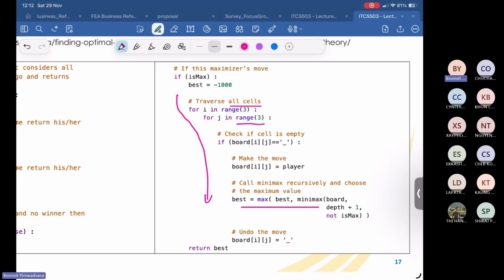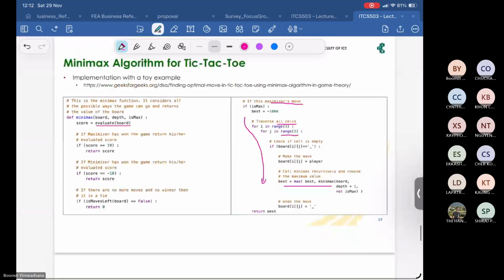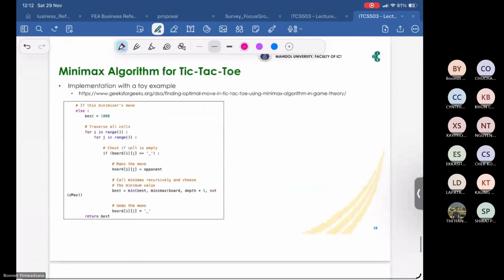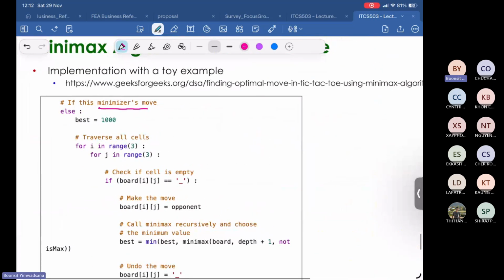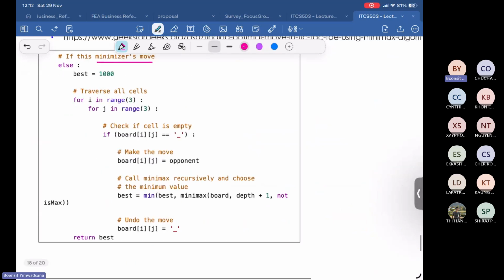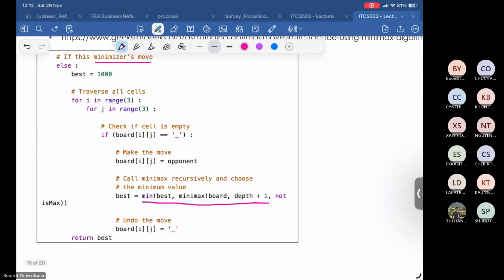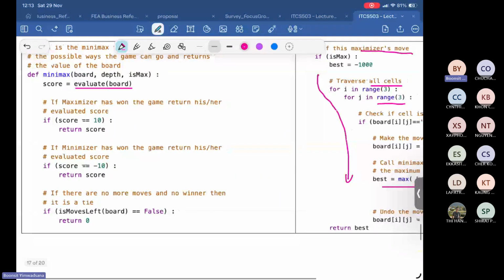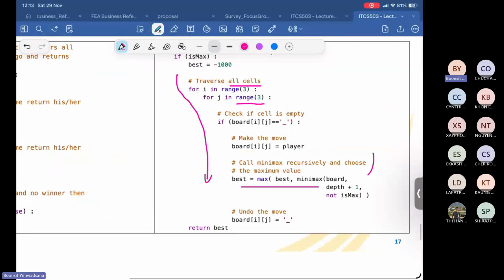It will return the max if it is the maximizer's move. Otherwise, if it is the minimizer's move, it will try to minimize the score that it received from depth plus 1. If it is the max, it will try to maximize the score from depth plus 1, just like how I explained to you earlier.